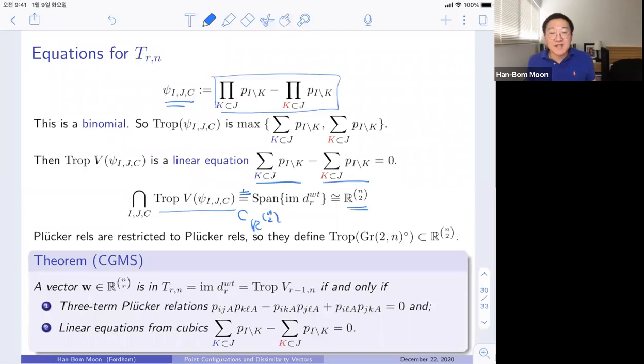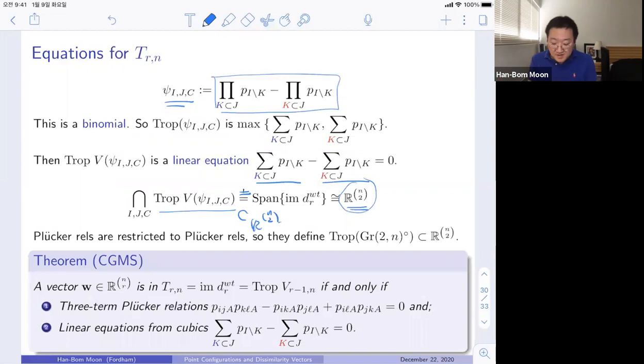Then finally, we have the three-term Plücker relations defining the tropical Grassmannian. We can pull back all of them to this subvector space, which is isomorphic to R to the n choose 2, and the pullback of Plücker relations are Plücker relations. So they define the tropical Grassmannian GR2n. Okay, so this is the idea.